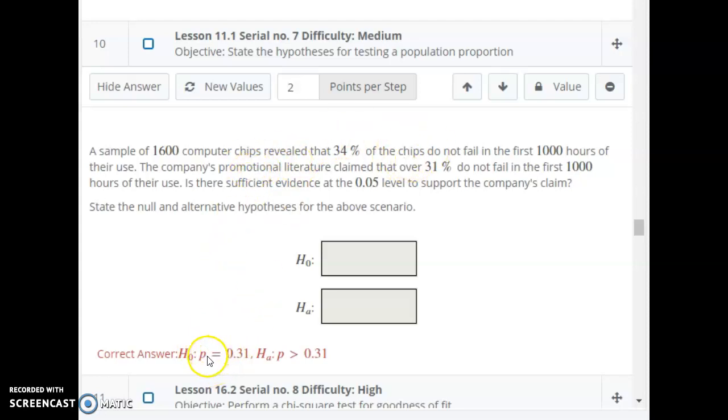What we want to know is what the population proportion is. And if it's no different than what the company says, it'll be 0.31. Otherwise, if it's true that over 31% do not fail, then we'd be looking at a greater than sign in the alternative. So this is a right-tailed test.